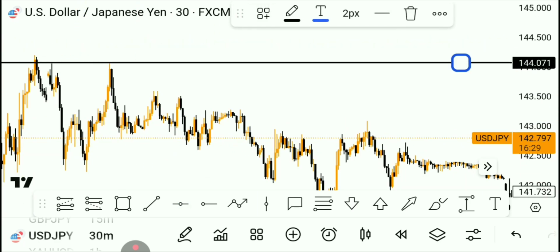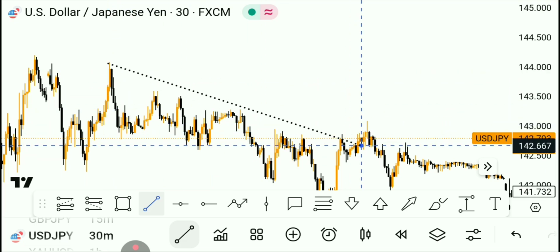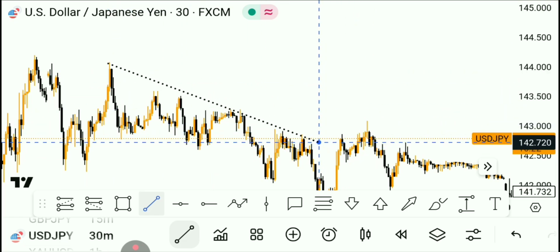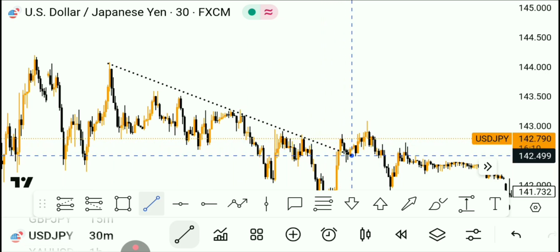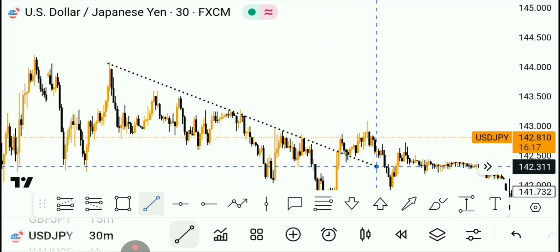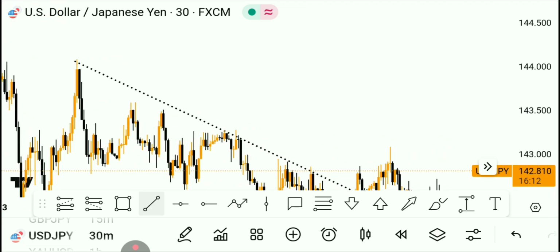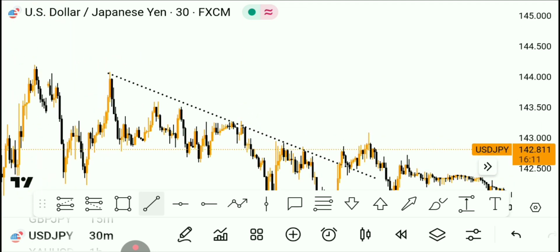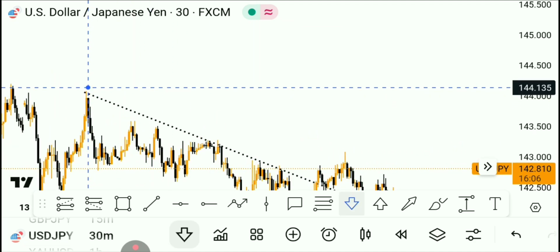Okay, so you can see, I'm marking from wick to wick.